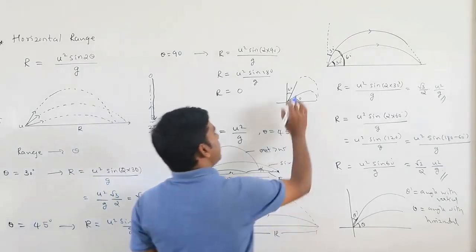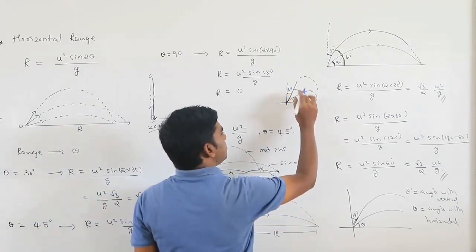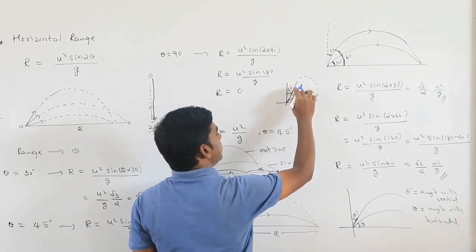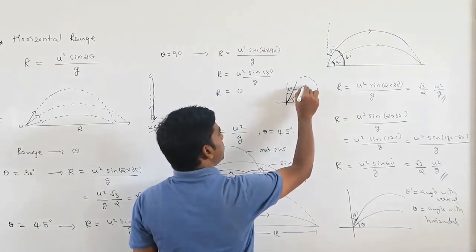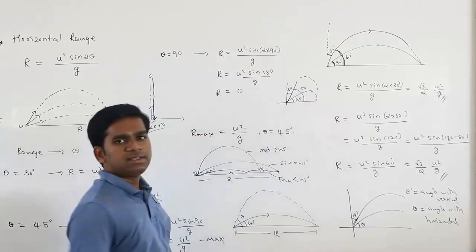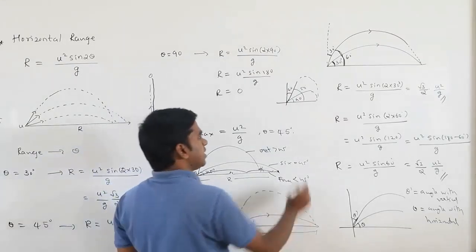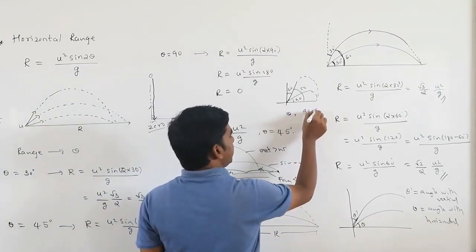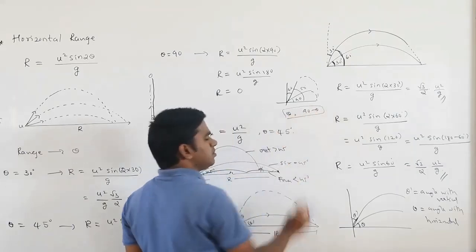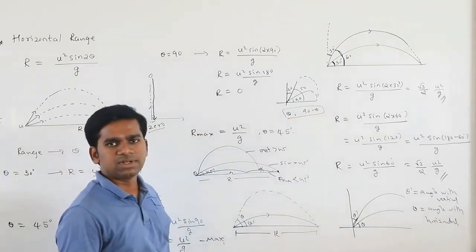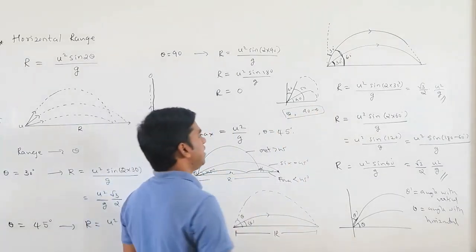If this is 40, then this angle will be 90 minus 40, so this will be 50. In general, theta and 90 minus theta have the same horizontal range. In general I will derive that.